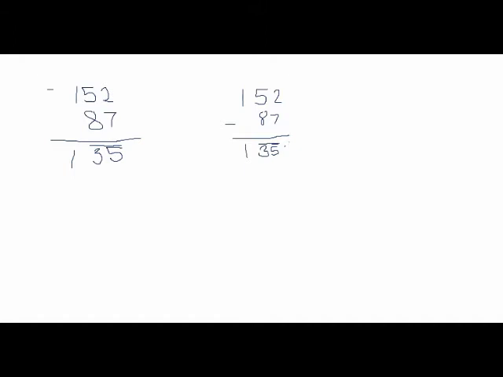So if we convert it and remember all from 9, last from 10, what will our answer be? 65. So 3 to 9 is 6, and 5 to 10 is 5. So is that clear to everyone, what I just did? Yes.